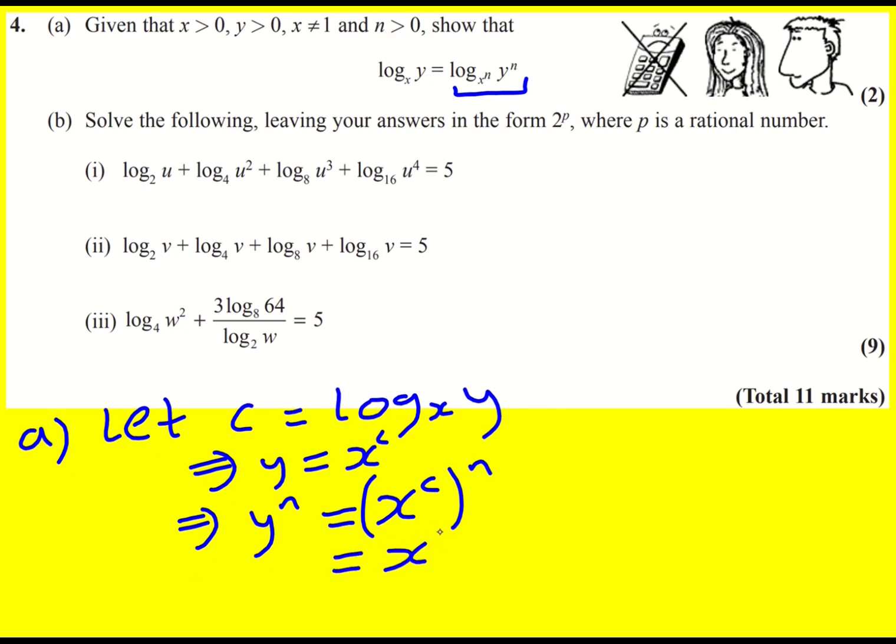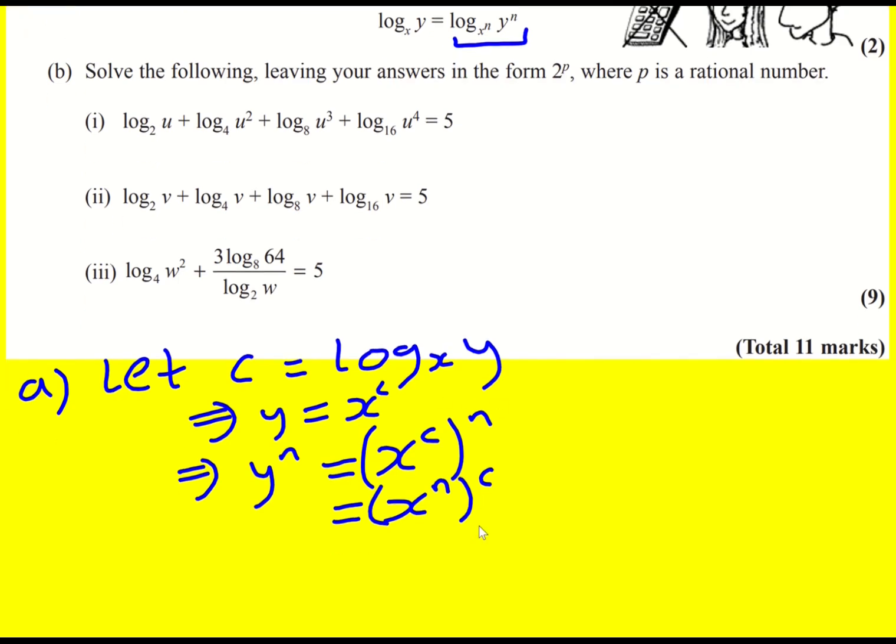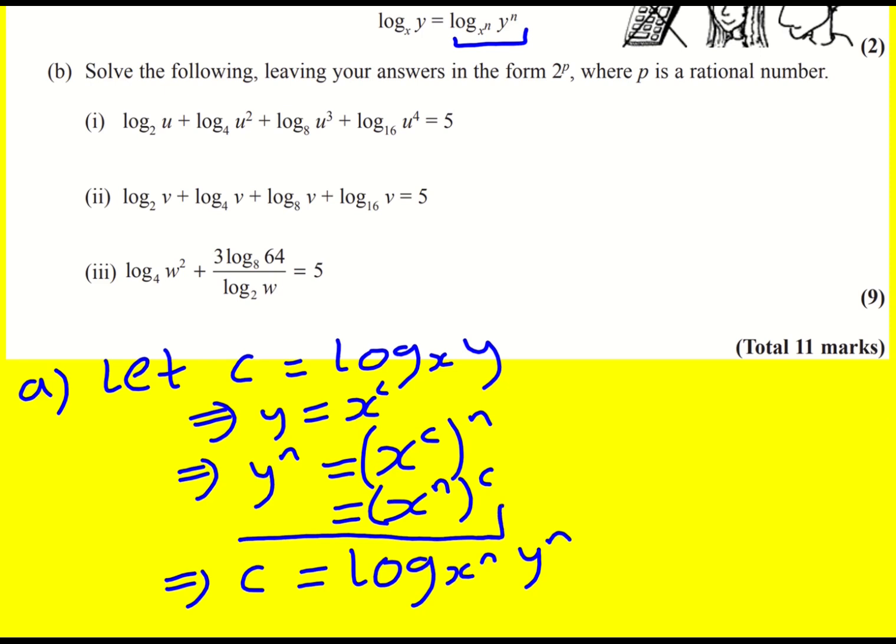However, this is equal to x to the n to the c, just using the third rule of indices. You can swap these around, you're just timesing them together, so it doesn't matter what order you do it in. And that means that c will equal log to base x to the n of y to the n, because x to the n to the power of c is equal to y to the n, just like we had before. And so the result has been proven.